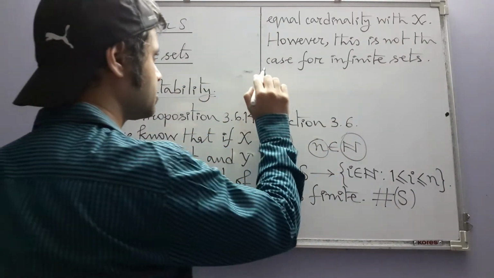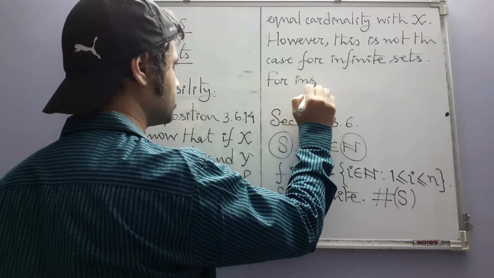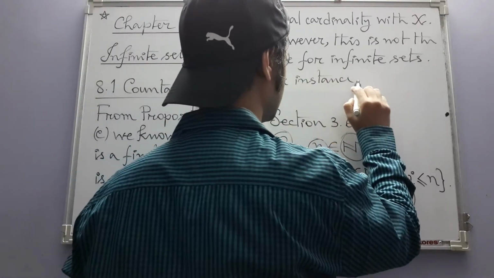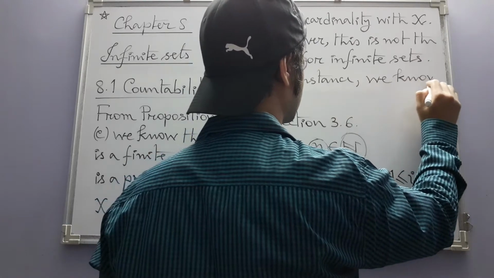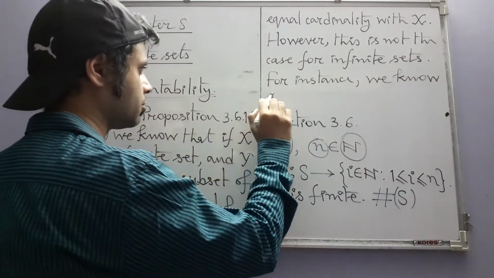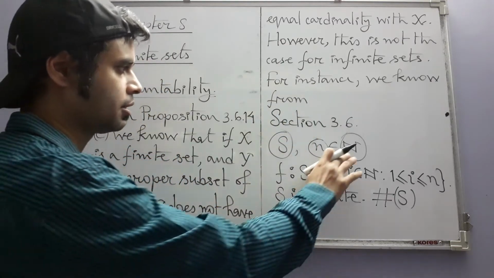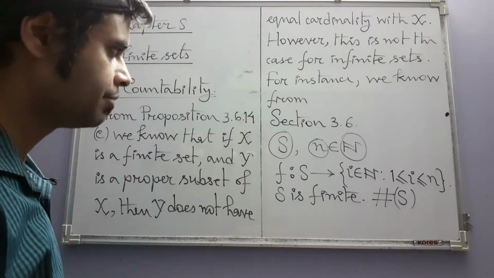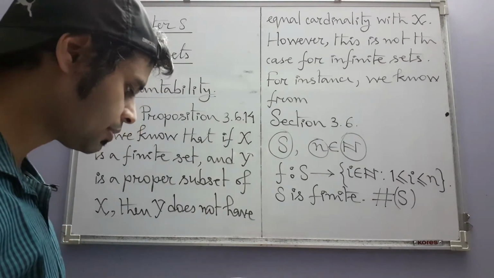For instance, we are going to give an example of that thing. We know from a result which says that the set of natural numbers is infinite, and that result is theorem 3.6.12.